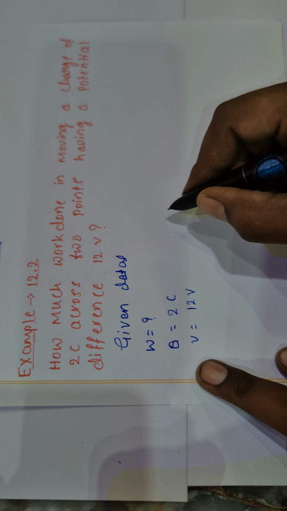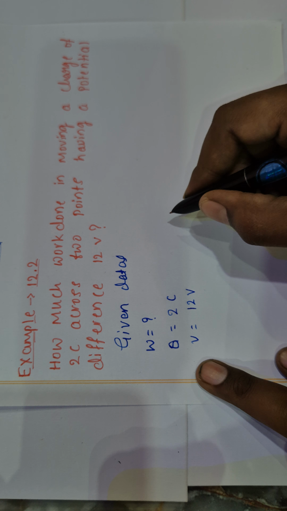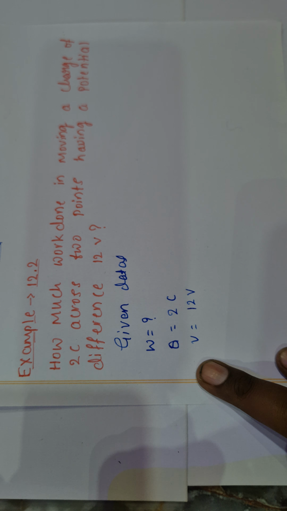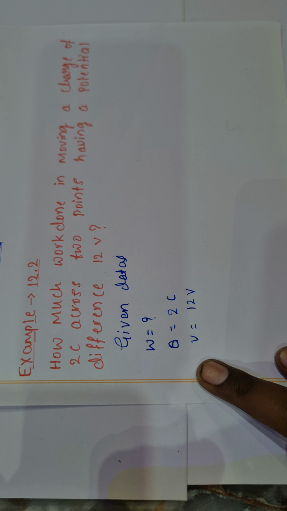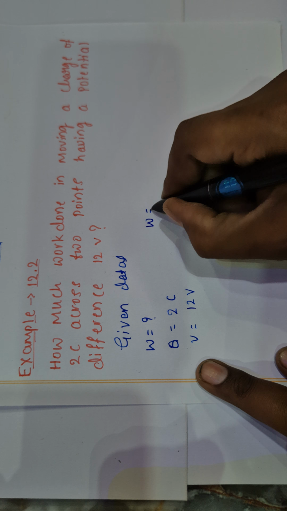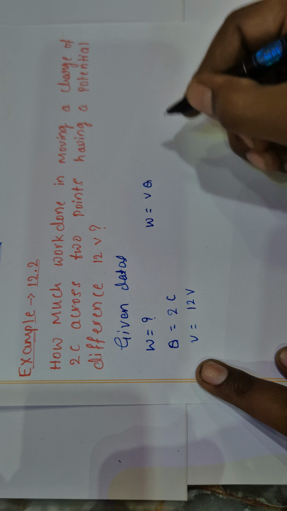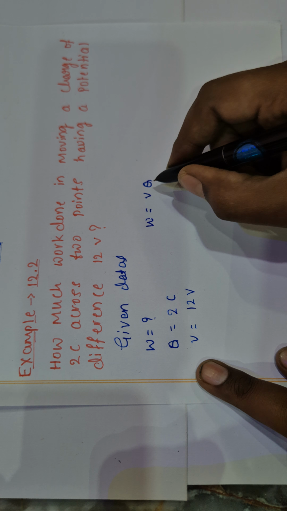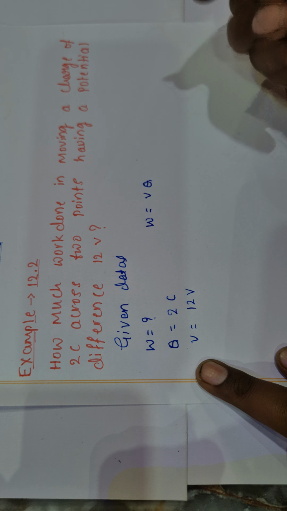Now the problem says that if the potential difference is 12 volt and the amount of charge Q flows between the 2 points, what is the work done? How can we find it? We can find the formula in your textbook, 12.2: W is equal to V Q. Work done is equal to potential difference into the charge, I mean the amount of charge.